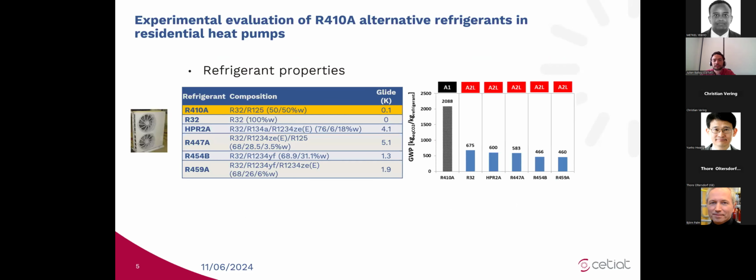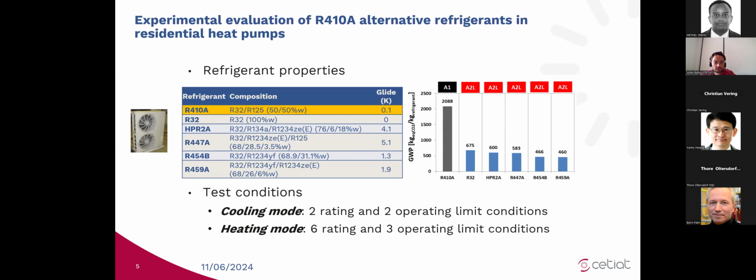First, some study was made on what possible candidates they could find to replace R410A. They selected those 5 refrigerants. All of them are mixtures except for R32. Yes, the study is becoming a bit old, but that was made a few years ago.